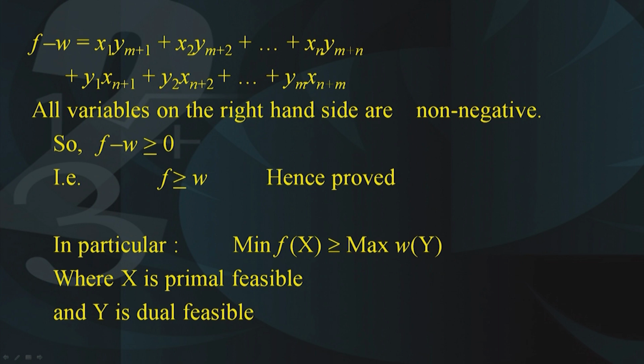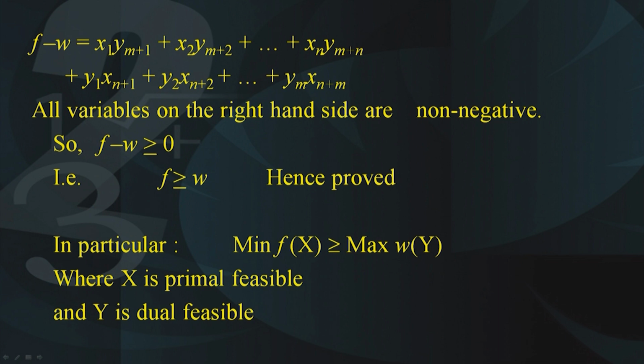Please note, in particular, what happens? Minimization of f x is greater than or equal to maximization of w y, where x is the primal feasible and y is the dual feasible, because this result is actually a corollary to this theorem.